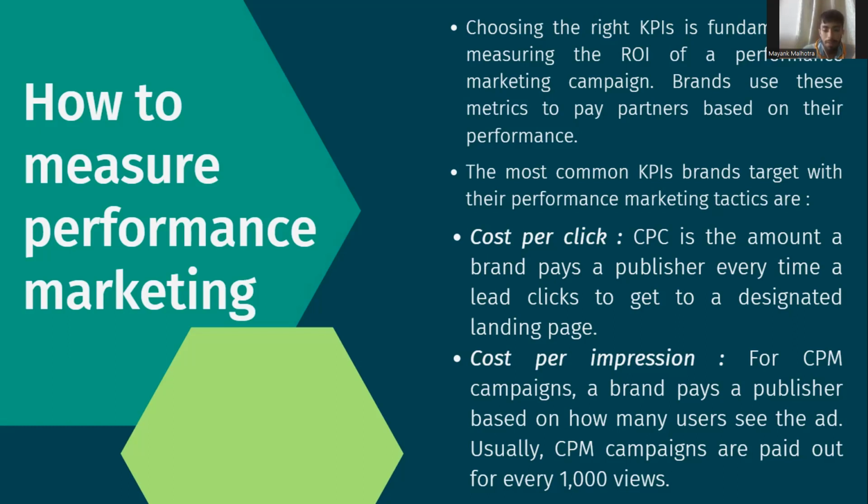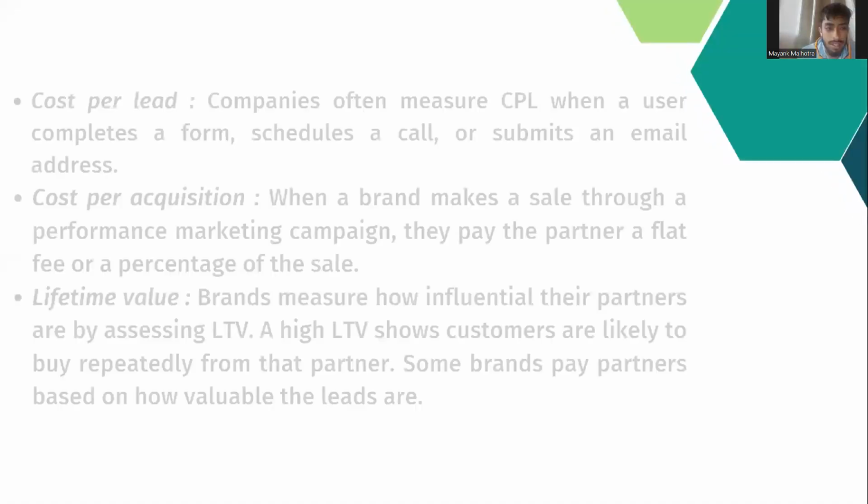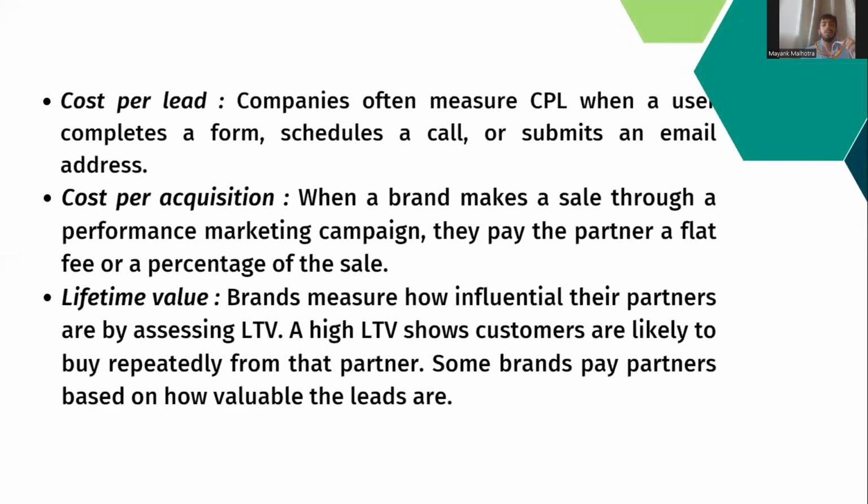Then cost per impression is when a brand pays a publisher based on how many users see the ad. Usually, CPM campaigns are paid per 1,000 views. Then there is the cost per lead. Companies offer a measurable cost per lead when a user completes a form, schedules a call, or submits an email address.